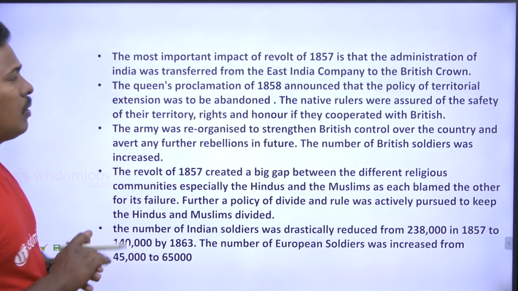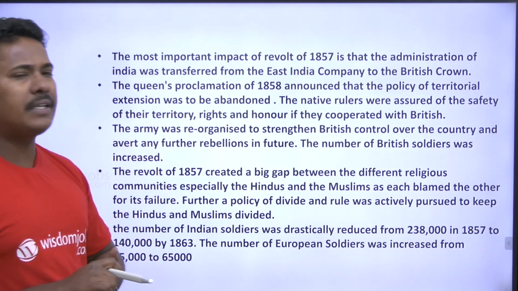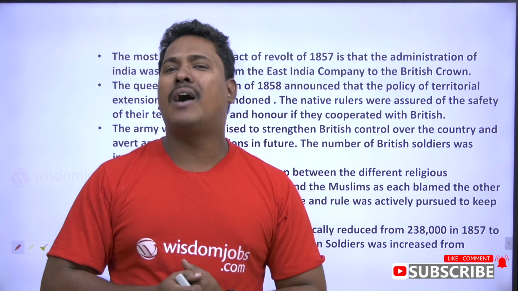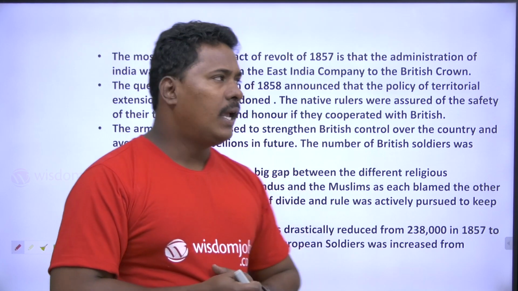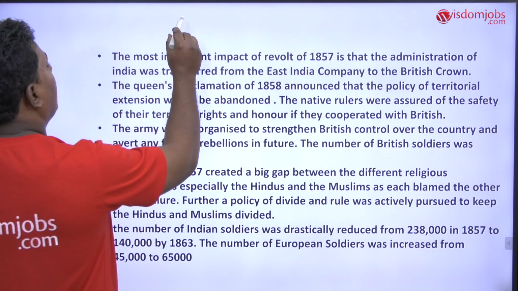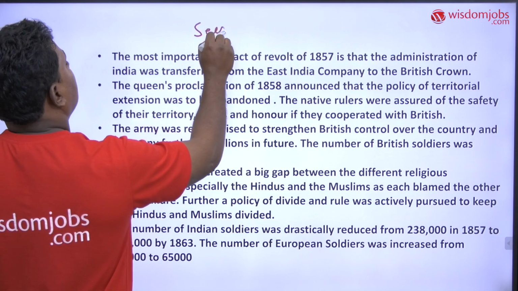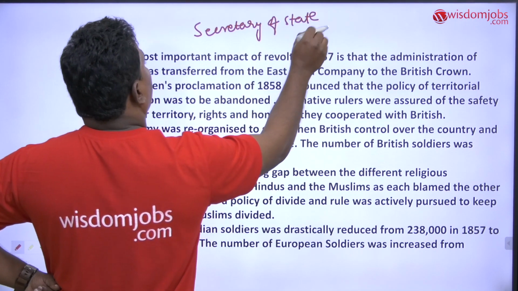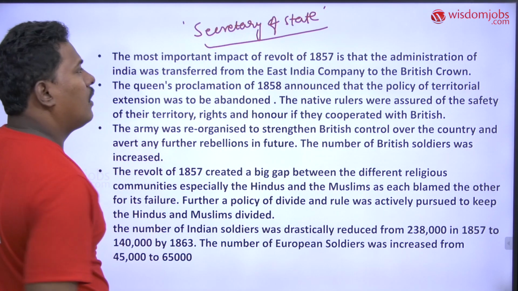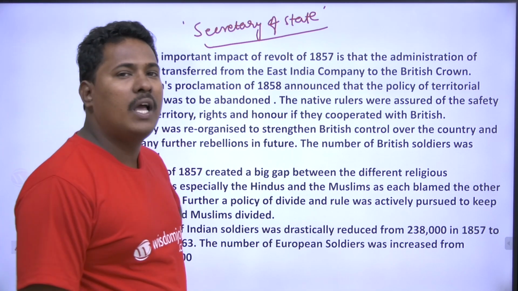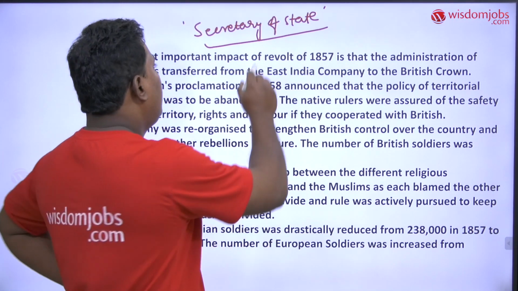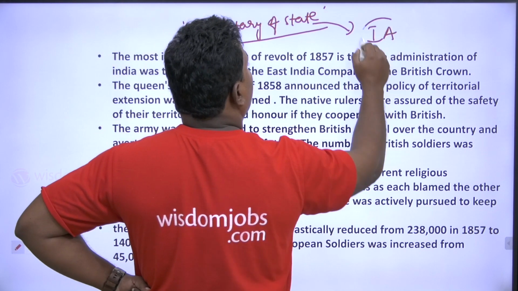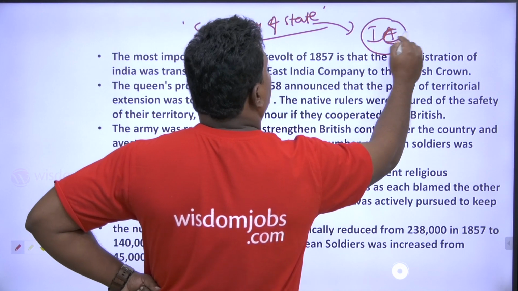One more administrative change: when the British Crown took administrative control over India from the company, a new designation was created in London called Secretary of State. The first Secretary of State was Lord Stanley, and he was assisted by a council called the Indian Council, which consisted of 15 members.